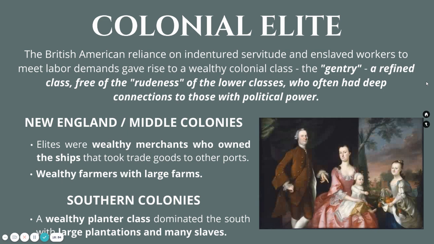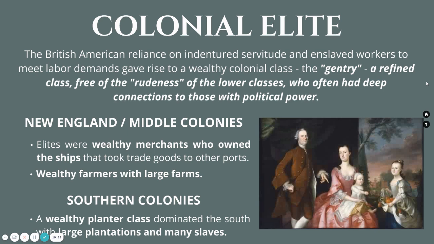Plantations, sprawling, hundreds of acres of farmland that are going to be tended by a workforce of indentured servants, of enslaved populations. And again, this is where we are seeing the rise of characters like Washington, Jefferson, right? Wealthy planters who owned 100+ slaves. Washington, who had by the time of his death 300, who are going to be dominating the Southern economy, right?